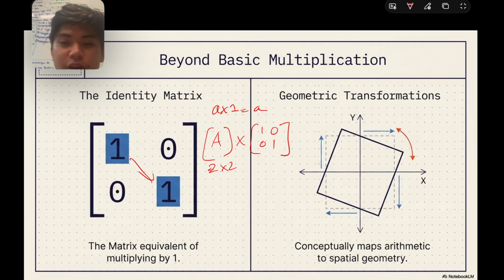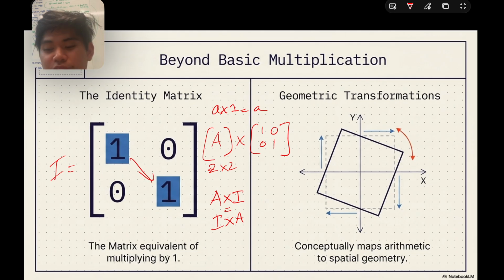I think the identity matrix is indicated by I, from memory. If we do A times I and I times A, they're going to be equal. So this is an exception to the rule that we can't swap matrices when multiplying. We actually can when using the identity matrix, because we're essentially just doing 1. It will give the same value there.